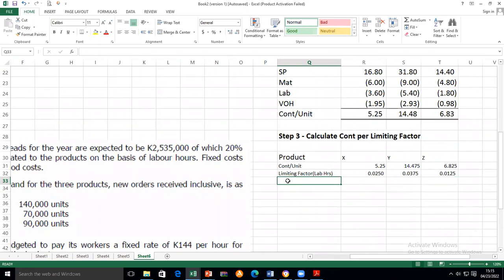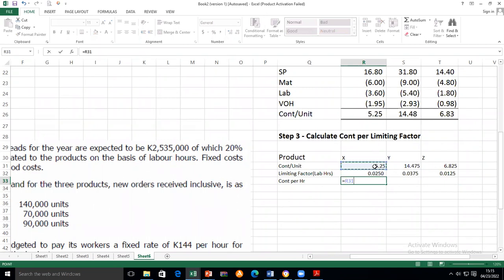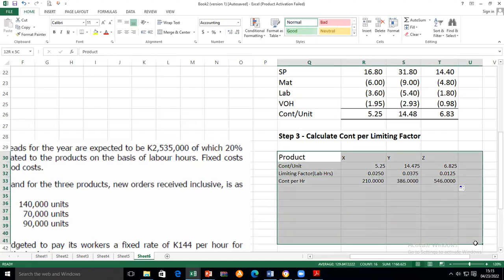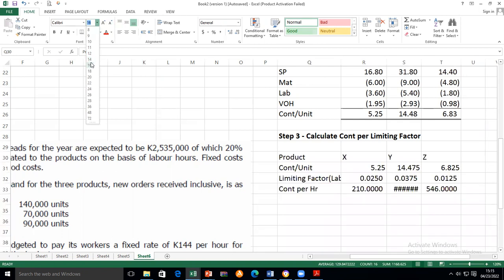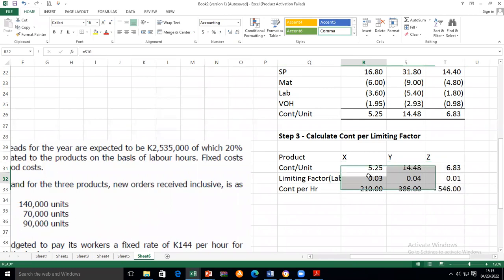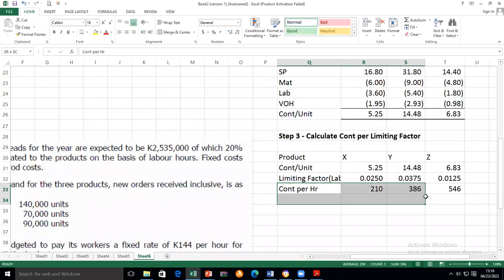So contribution per hour. Contribution per hour, you go, okay, divided by that. So that's your contribution per limiting factor.